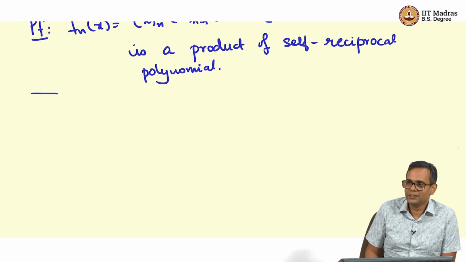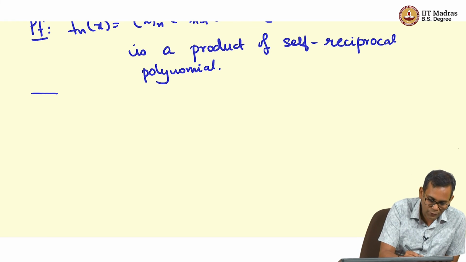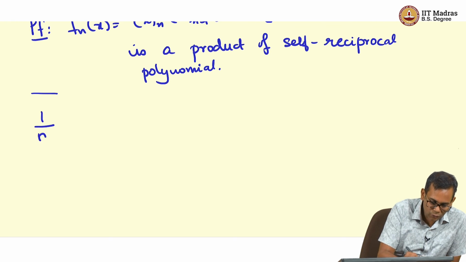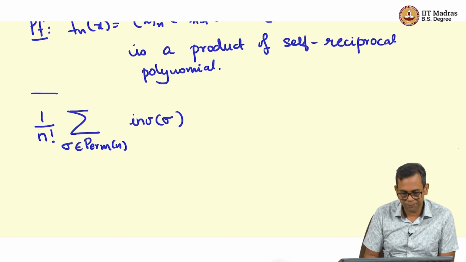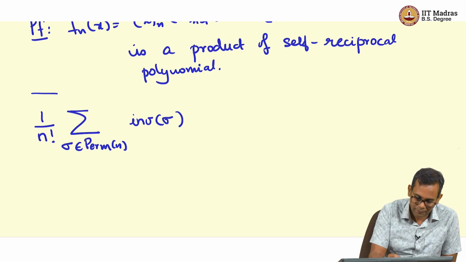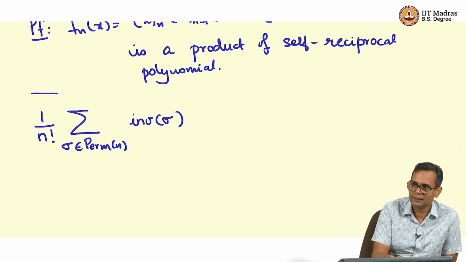Now, we can finish the second proof of our result. We wanted to compute 1 over n factorial summation sigma in perm n inv of sigma. Well, I can write this by grouping the permutations with k inversions together.